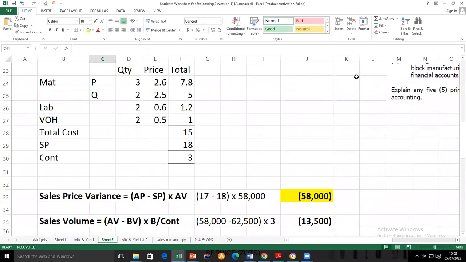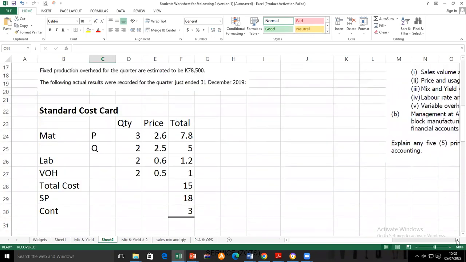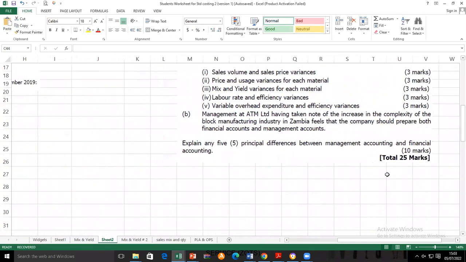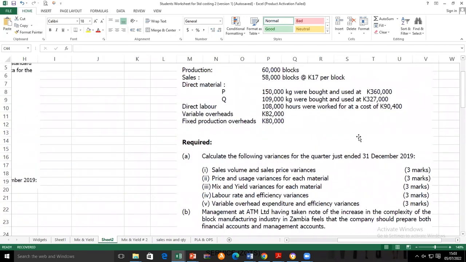What was the actual price? Let's check the actual price. This is the 360 divided by 150.